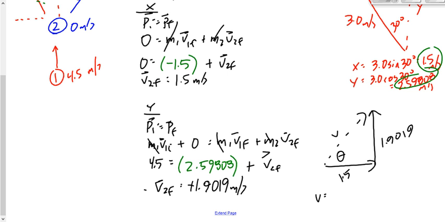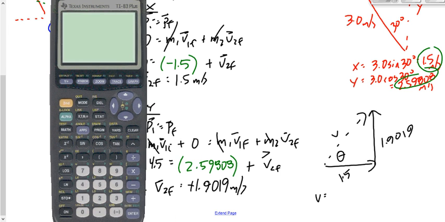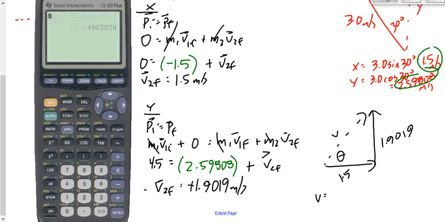Okay, so let's figure this out now. V is going to be the square root of that stuff. What do we got? 1.5 squared plus 1.9019 squared. Now let's square root that. 2.4.